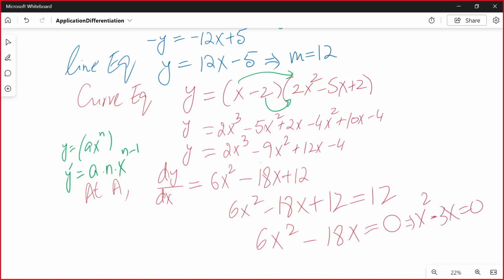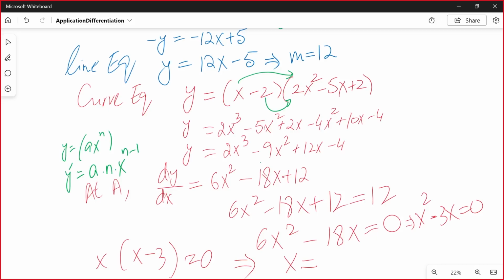Then we take x common: x times (x minus 3) is equal to 0. Do you get that? So what are the points then for x? This implies x is equal to what values? Like you did the solution of the quadratic equation.